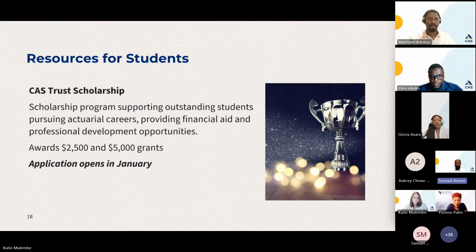I serve on the Trust Scholarship Program. I see applications from students from all over the world, including from Africa, and I will encourage students to apply for this. The one thing I want to mention is, as you can imagine, it's highly, highly competitive. The requirements usually are an essay.